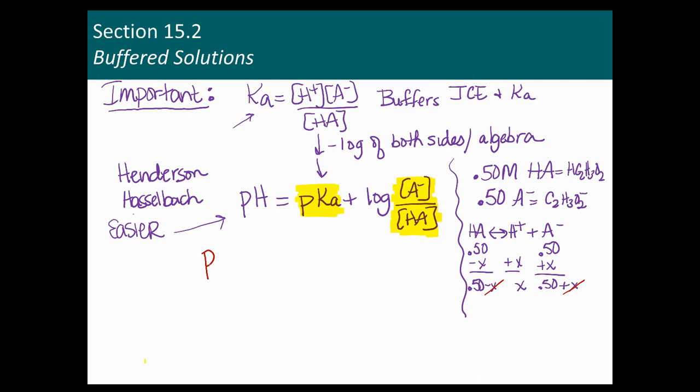I can say pH equals pKa. Where did I get that pKa? The Ka of acetic acid is 1.8 times 10 to the negative 5. So the pKa is 4.74, the negative log of that number. Now notice what's going to happen. I'm just going to do this, plus the log.